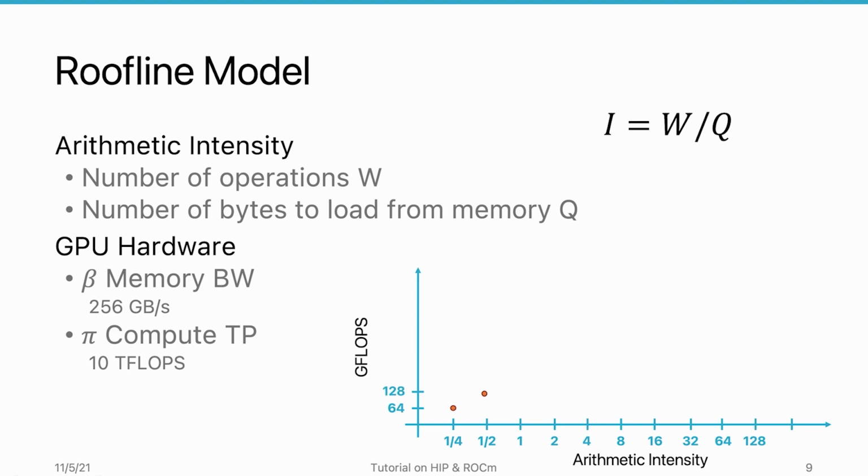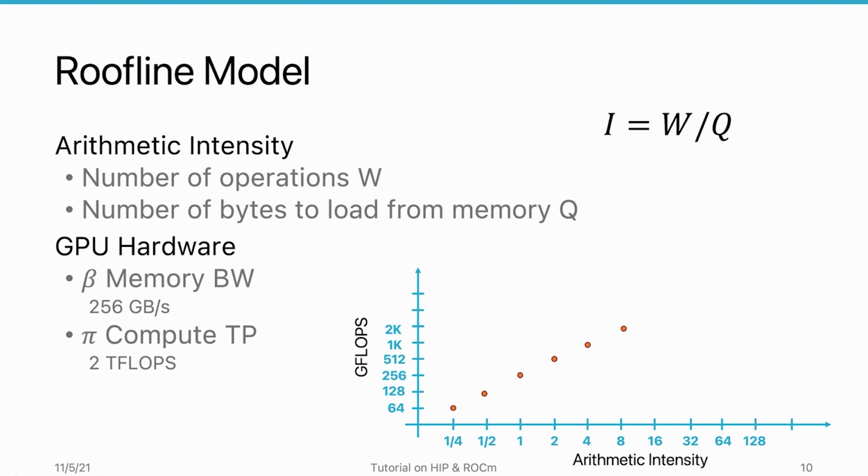As we keep drawing this figure, assuming the arithmetic intensity is half, the achievable gigaflops is 128. And we can keep drawing this figure until this point. For every byte of data that we load from the memory, we perform 8 operations.